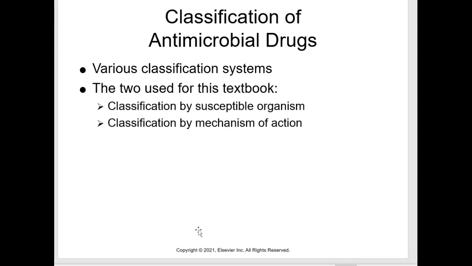So to review, what are all these different mechanisms of action? If we have drugs that inhibit the bacterial cell wall synthesis or activate an enzyme that disrupts the cell wall, those would be drugs that weaken the cell wall and promote lysis and death.